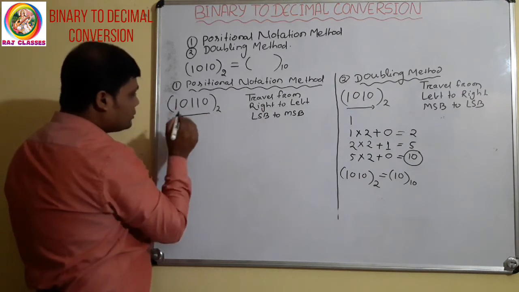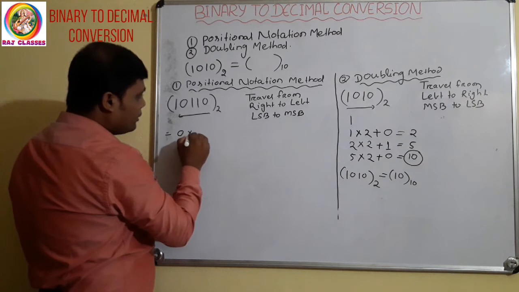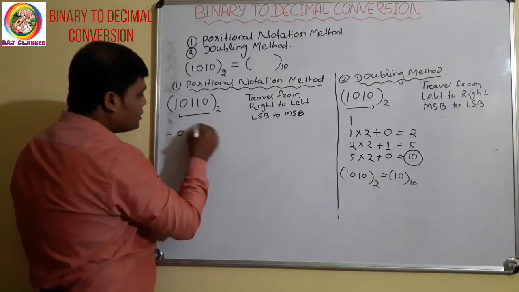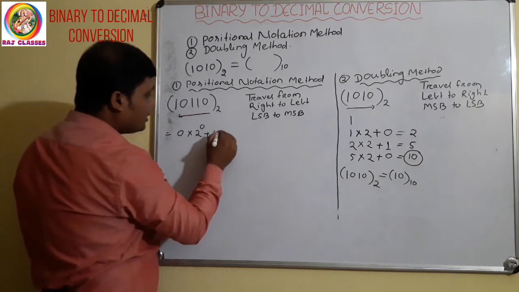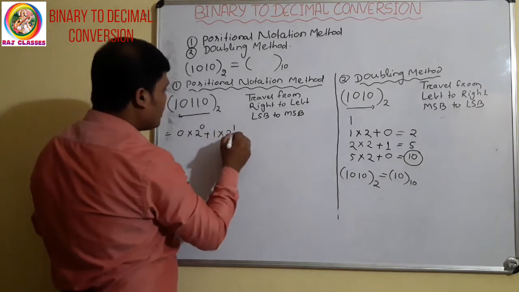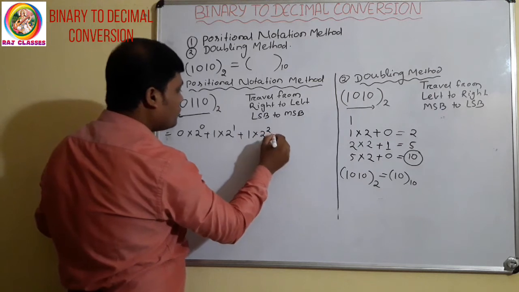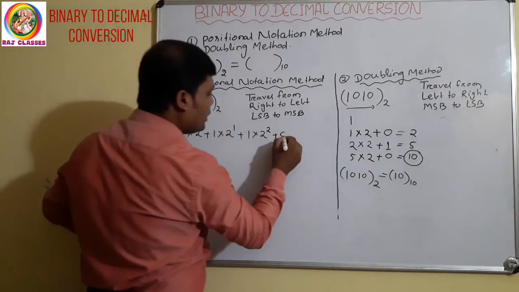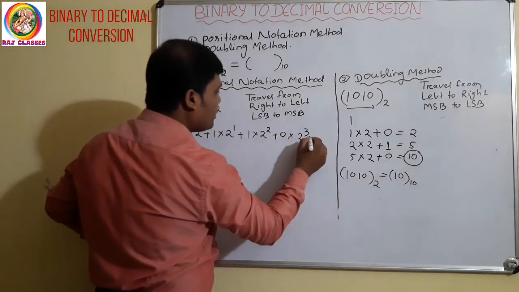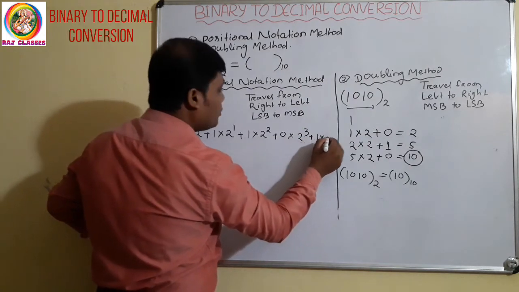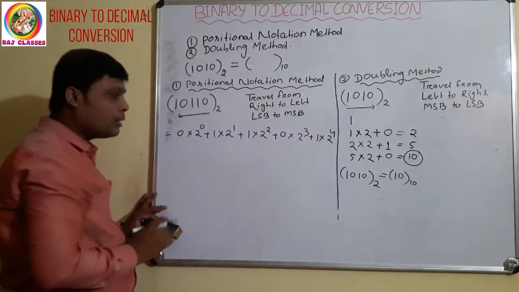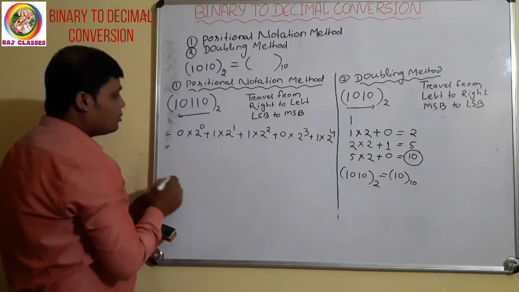This will be 0 into 2 to the power 0, plus 1 into 2 to the power 1, plus 1 into 2 to the power 2, plus 0 into 2 to the power 3, plus 1 into 2 to the power 4. Clear? This will be equal to what?